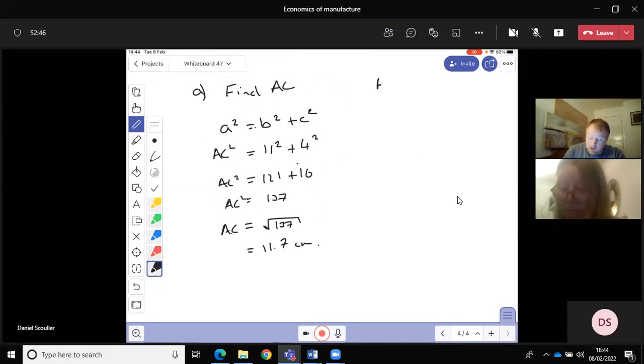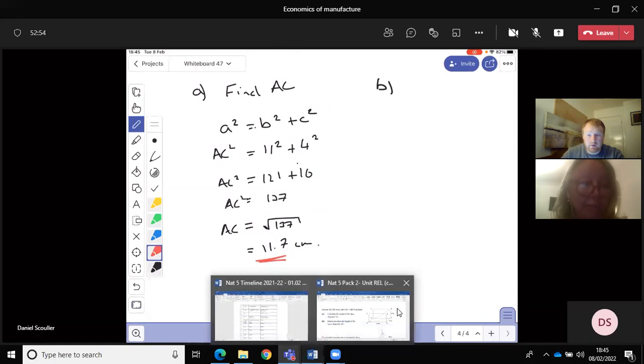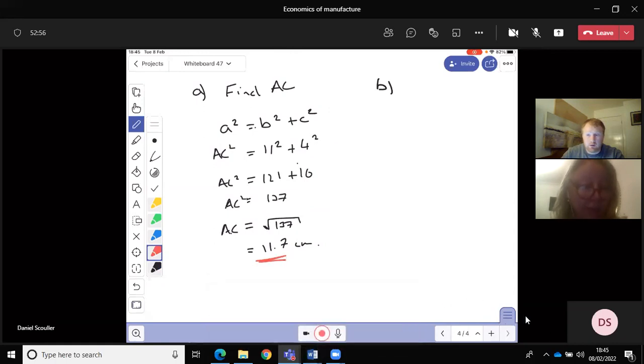The next part of the question, you need to use your answer in part A. Which one's the root again? On your calculator there should be a wee root sign beside the x squared button in most calculators.